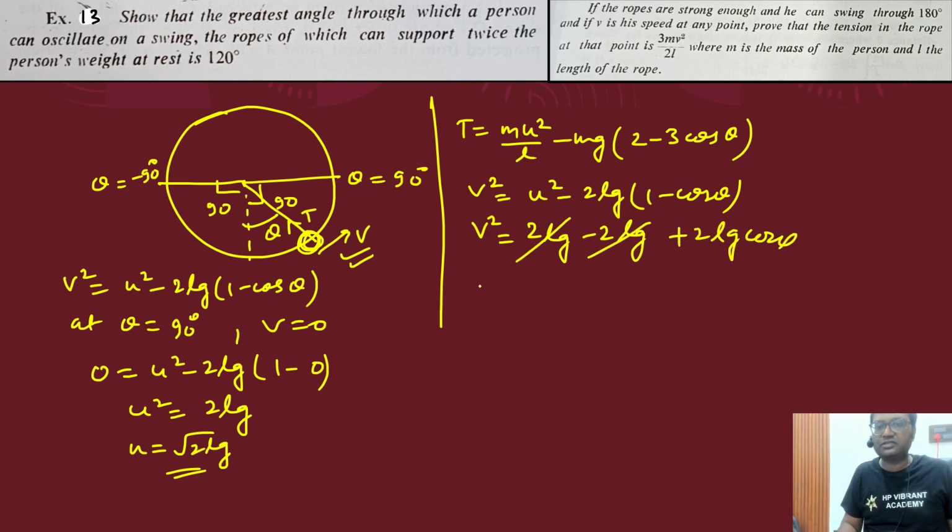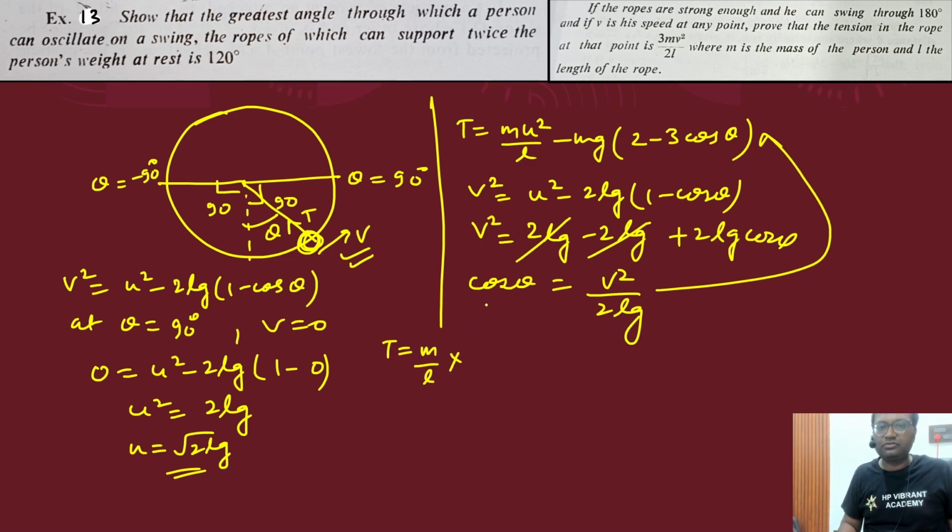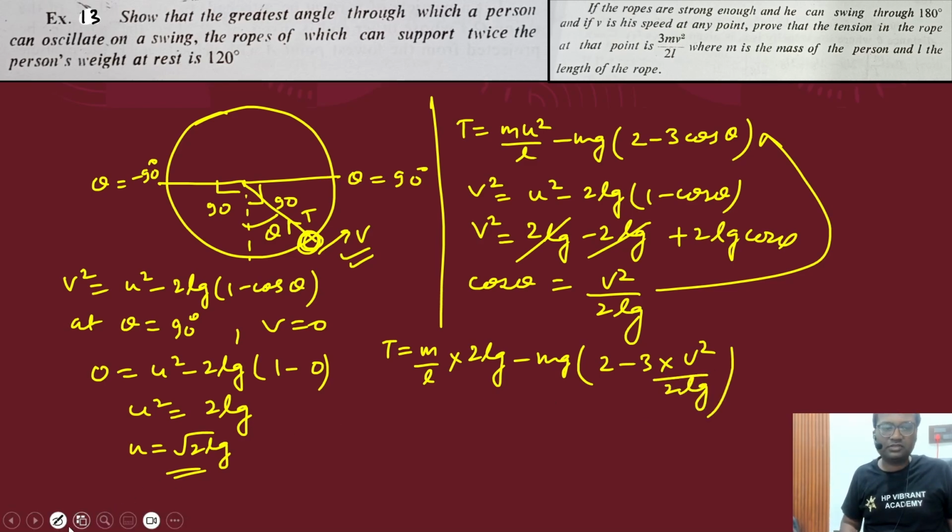So this gets cancelled. So we have cos theta is equal to v square upon 2 lg. So let us put this in tension. So tension is equal to m upon l into u square is equal to 2lg minus mg 2 minus 3 into v square upon 2lg. Let us further simplify this.